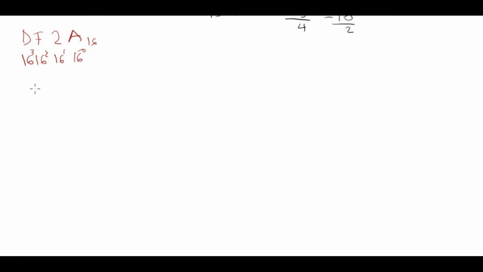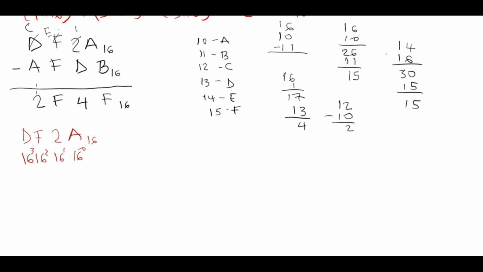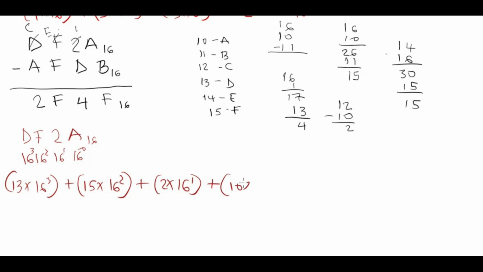So D is 13. 13 times 16 power 3 plus F 15 times 16 power 2 plus 2 times 16 power 1 plus A is 10 times 16 power 0. That will give you 57,130. This is the answer.